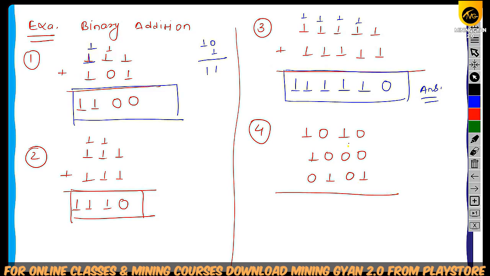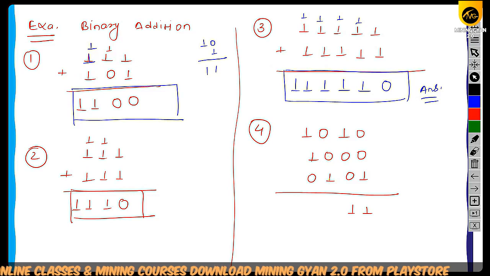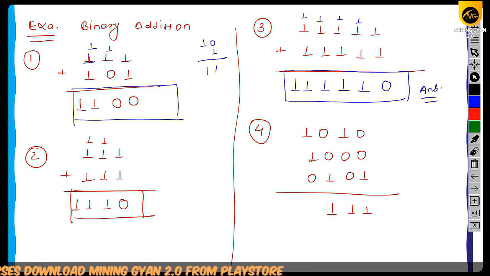Now 0 plus 0 plus 1 becomes 1, so there is no carry. Now 1 plus 0 means again 1. 0 plus 0 is 0. Then 0 plus 1 is again 1. Now 1 plus 1 becomes 1 0. So the final answer is 1 0 1 1 1.